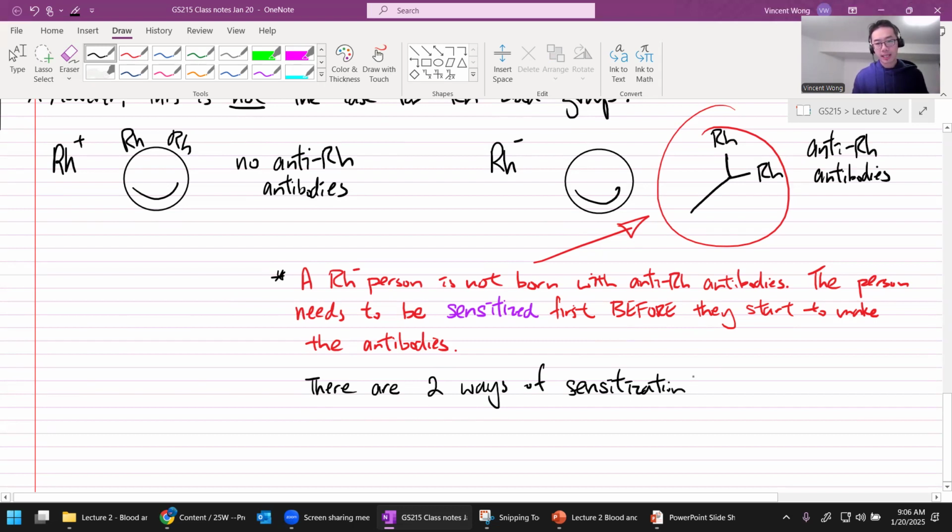Two ways of sensitization. Number one, just think about this. Don't go crazy and think about obscure things. Just gut feeling, straightforward answers. If you have negative blood, what's one way that you will be exposed to positive blood?